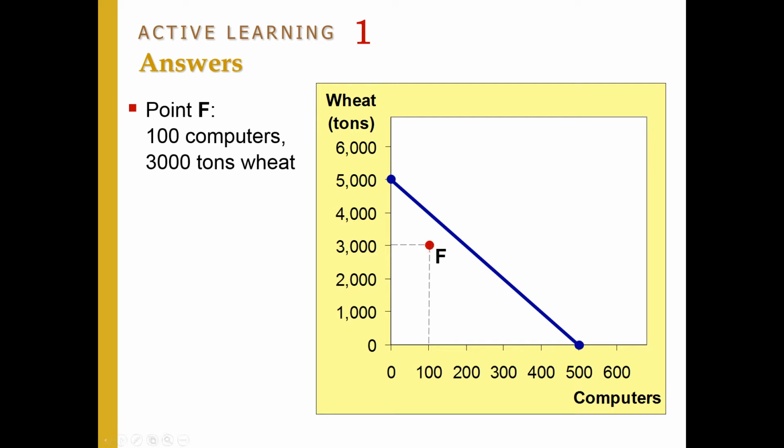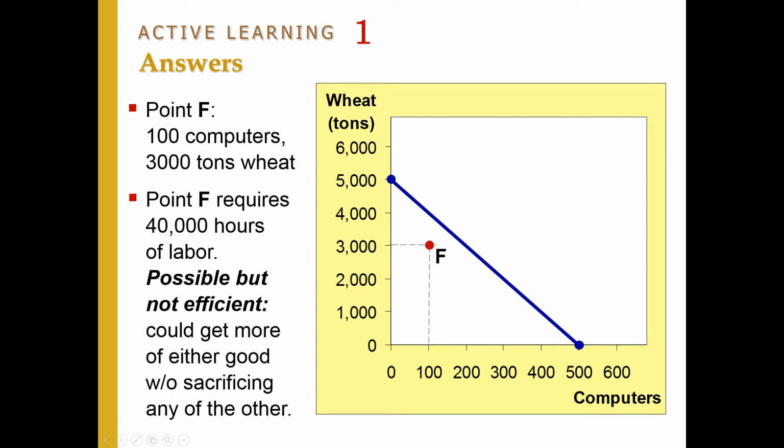Now, can we produce inside the curve? The answer is yes, because this line represents utilizing 50,000 labor hours. Point F would only require 40,000 labor hours. Anything inside the line means we are not utilizing all of our resources.